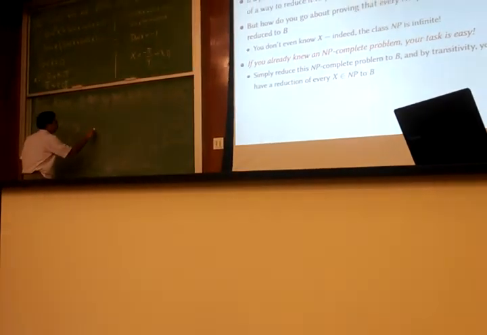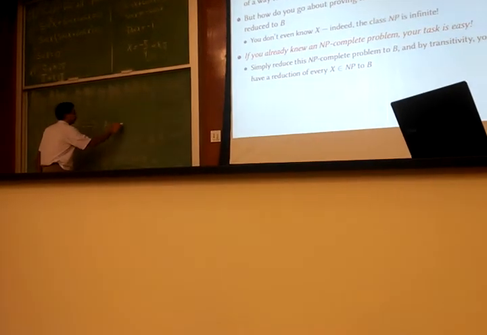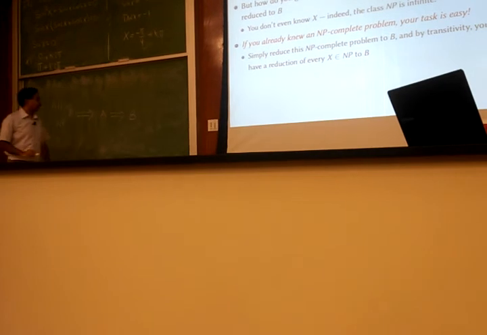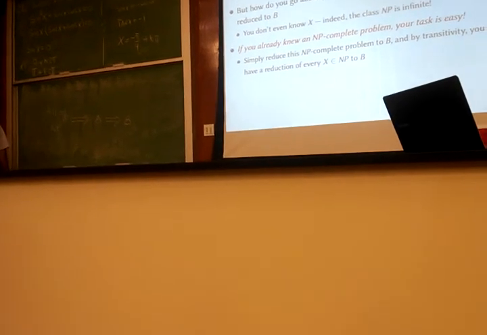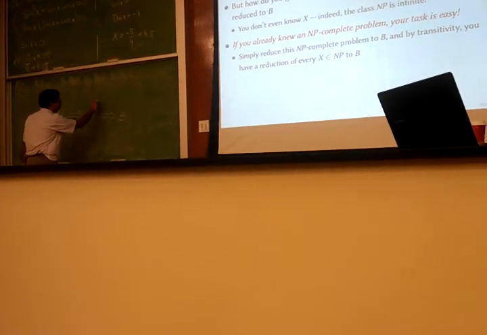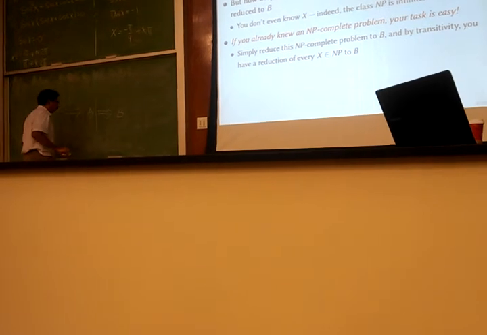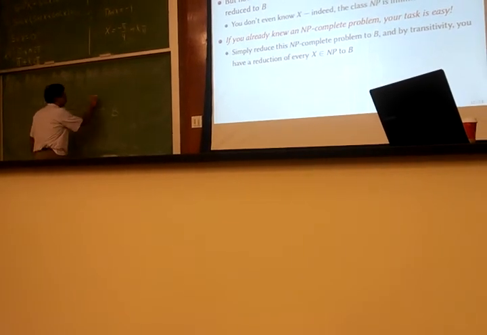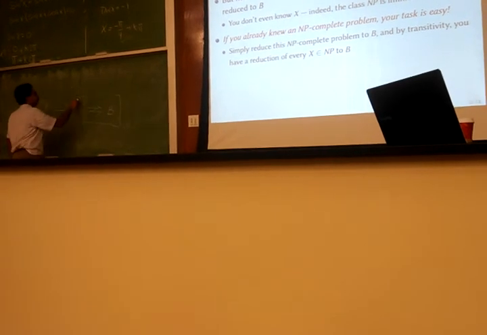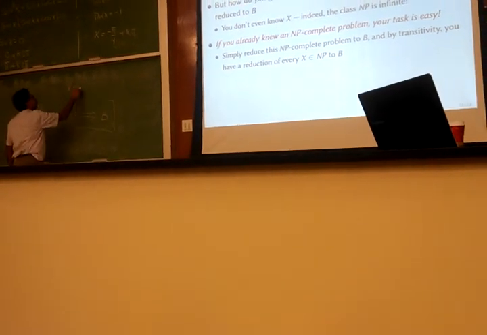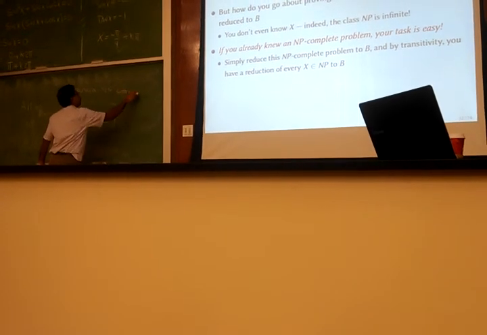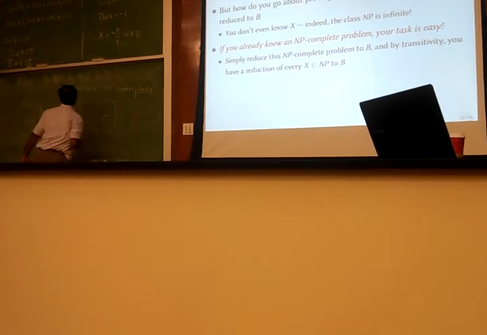I can reduce all of NP to problem A, which I now reduce to problem B. So to prove that B is NP complete, the only thing I need to do is to pick a known NP complete problem.